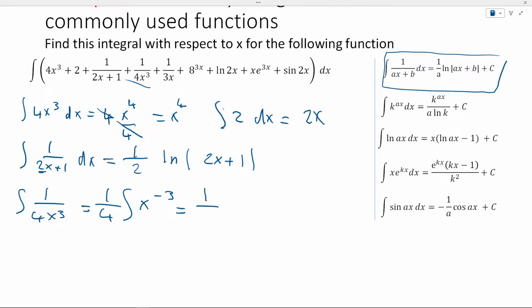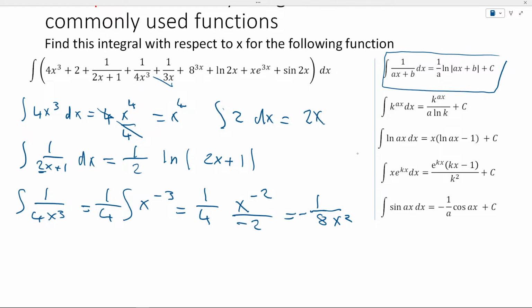So that would be 1 over 4 x to the power minus 2. So what do I get here? I get 1 over 8, negative because I have a negative here, and I can bring this down, so that would be x squared. Negative 1 over 8 x squared. So I did this one.